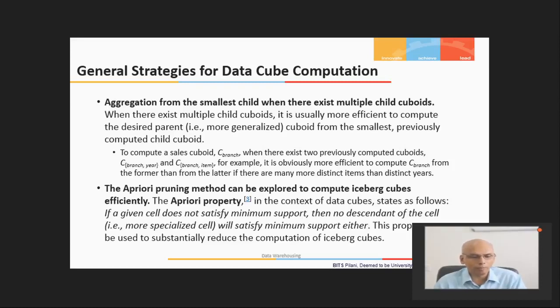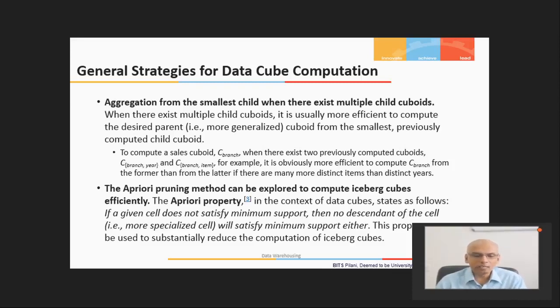And there is another technique that you may use, which is an independent technique: a priori pruning. Let's say you are calculating the cubes, and you are not using the previously mentioned aggregation techniques where you calculate the higher level aggregates from lower level aggregates, but you are calculating the other way around. You start calculating the higher level aggregates, and then you realize, for example, that the support level you want for calculating the aggregates is 100.